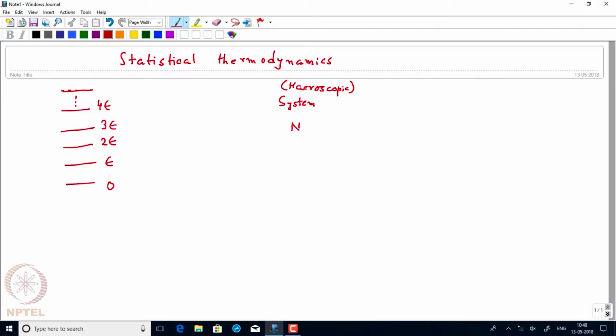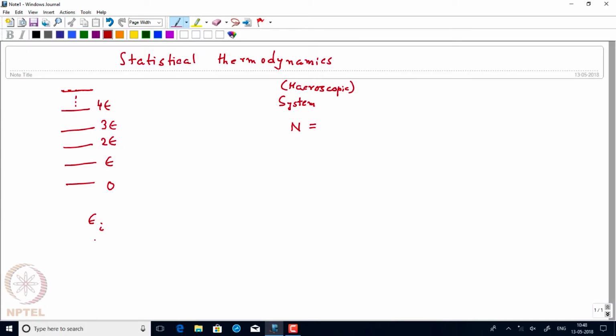So suppose n is the total number of particles, and now what is this n? Suppose I ask what is the energy of the ith energy level, where i denotes 0, 1, 2, 3, something like that.